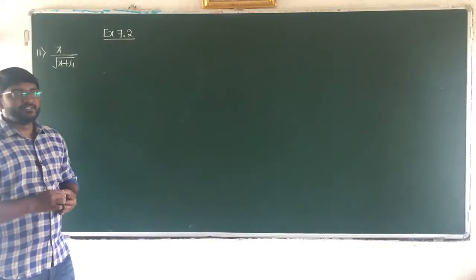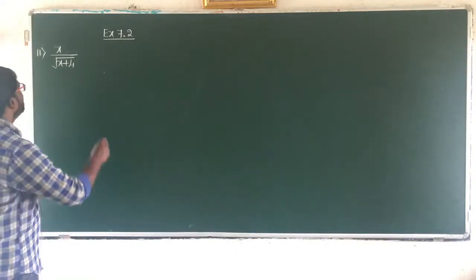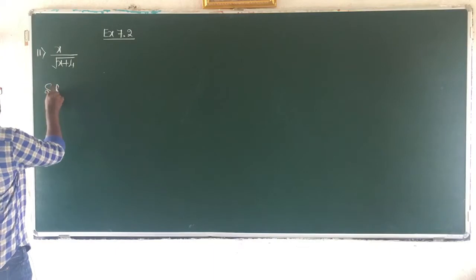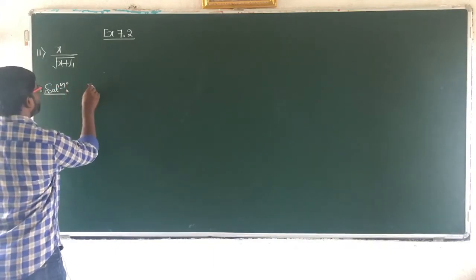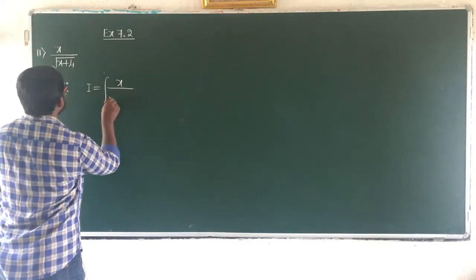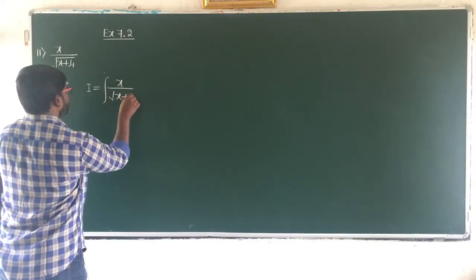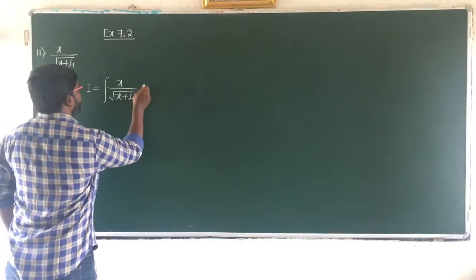Well, the next question, it is x divided by under root x plus 4. So take this as I, which is equal to the integral x divided by root x plus 4 dx.